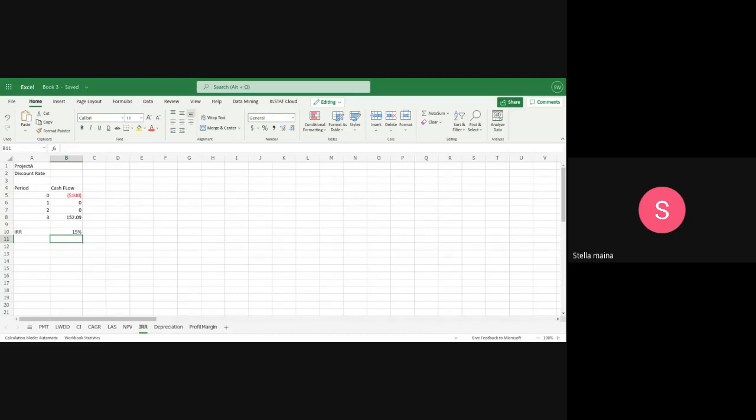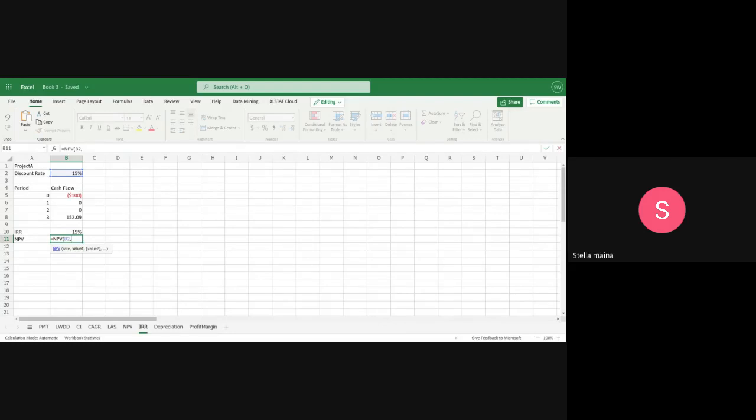So this IRR will make the NPV zero. If I put here my discount rate to be 15%, I can now come ahead and say NPV equals NPV into, remember our discount rate, so B2, or you can just leave it at the bottom at B10, it doesn't make a difference.